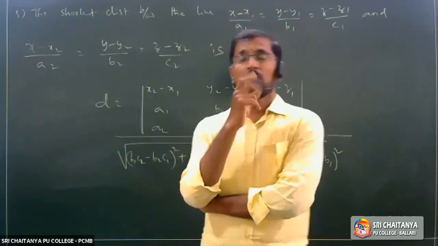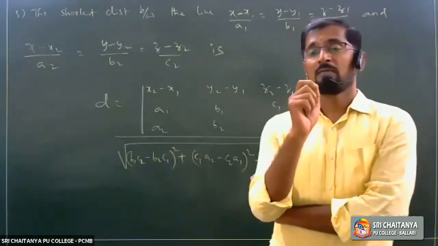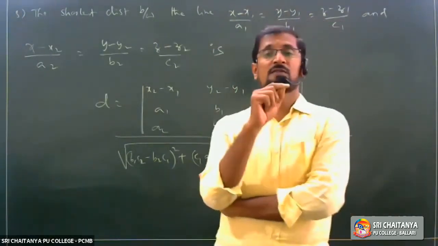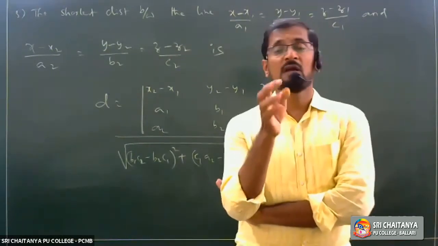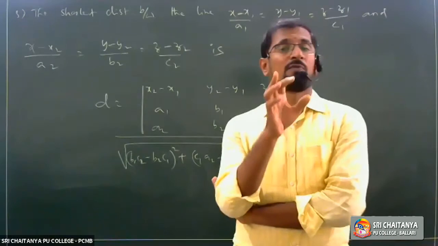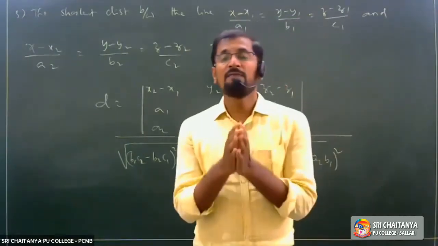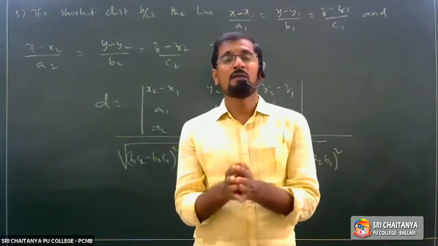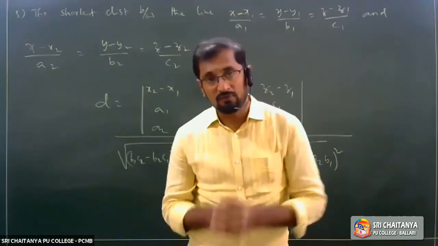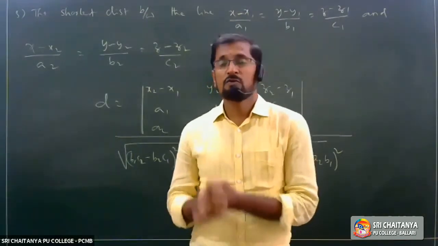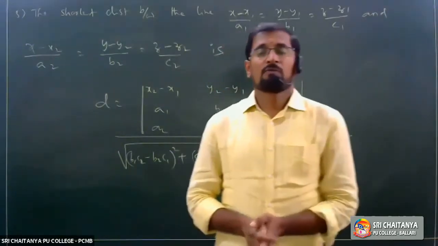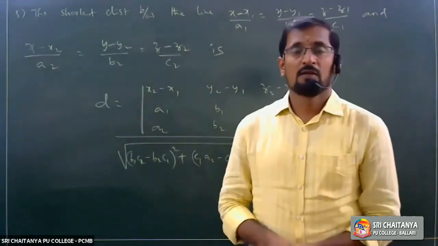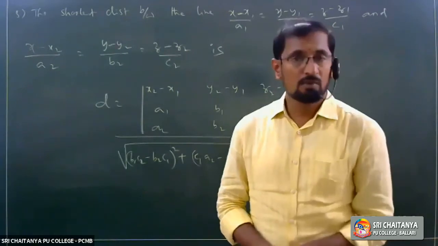Sir, you have given us two formulas for the same shortest distance, right? The fourth point which I have given you is the vector form. If the lines have been given in vector form, then you should use that formula. What are the vector forms of two skew lines? The fourth point, observe what you wrote.